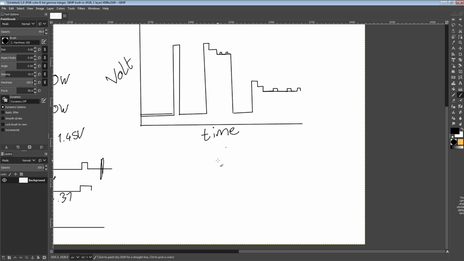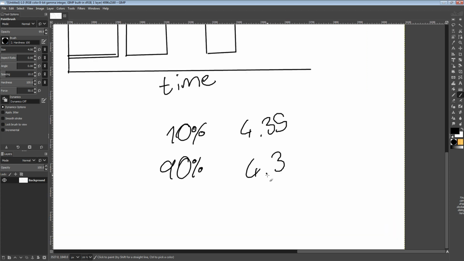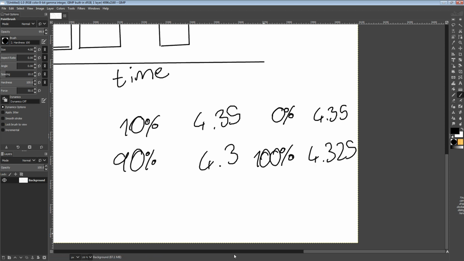Like, if you spend 10% of your time at 4.35 gigahertz and 90% of your time at 4.3, wouldn't it just be better if your chip spent 0% at 4.35 and 100% at 4.325, right? Because this is potentially stable, and that potentially isn't.